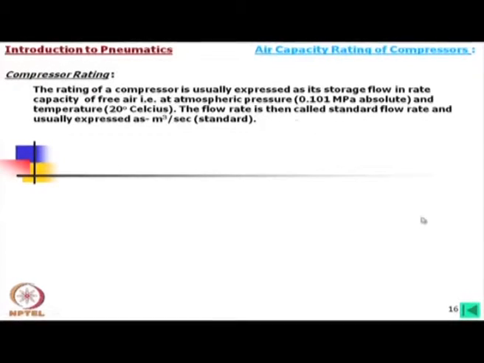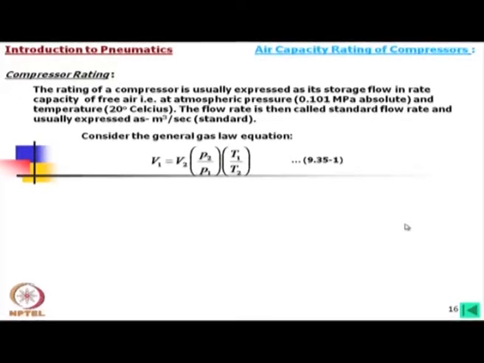The flow rate is then called standard flow rate and is usually expressed in meter cube per second. This means the intake volume, in meter cube per second. The volume mentioned in the capacity is the intake volume to the machine. So, 2.5 meter cube per second is the intake volume per second.